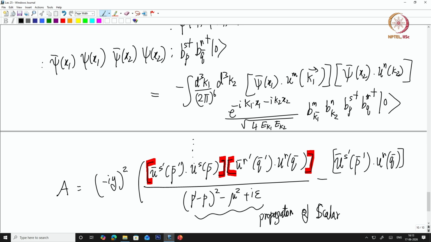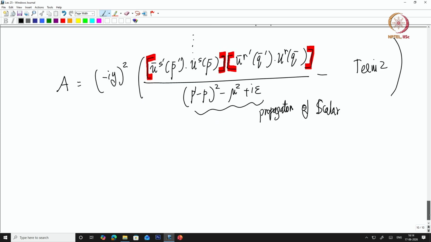Let me write term 2 here downstairs, essentially minus term 2, y square.